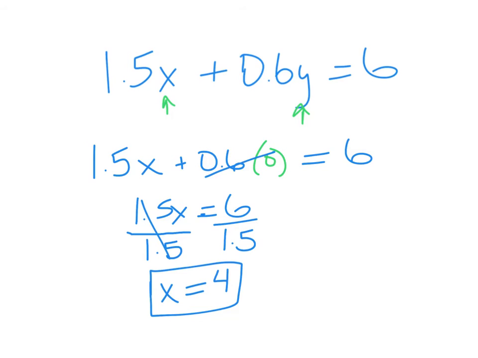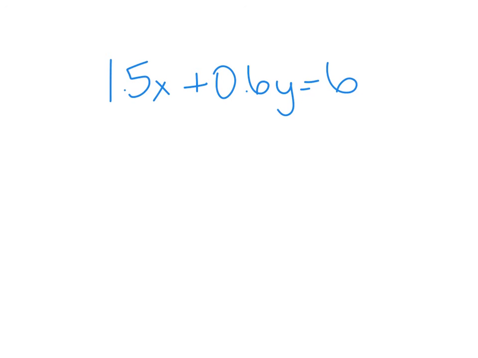Let's find the y-intercept. I'll go back. Okay, to find the y-intercept, where do I plug my 0 at? If I'm solving for the y, where do I put my 0? Yes.